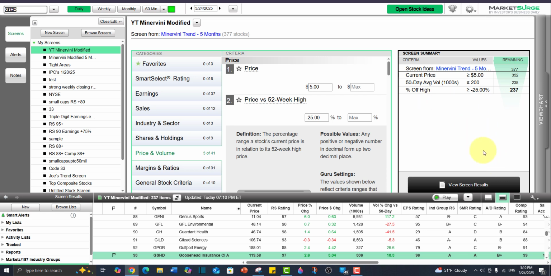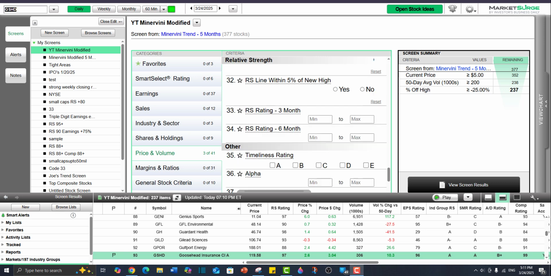That's because the Minervini trend template generally pulls up strong stocks that are doing well. Let's see here. Now, relative strength. I want to buy stocks that are outperforming most stocks in the market. For beginners, Mark Minervini recommends stocks with a relative strength rating of 88 or higher, meaning they're outperforming 88% of stocks.